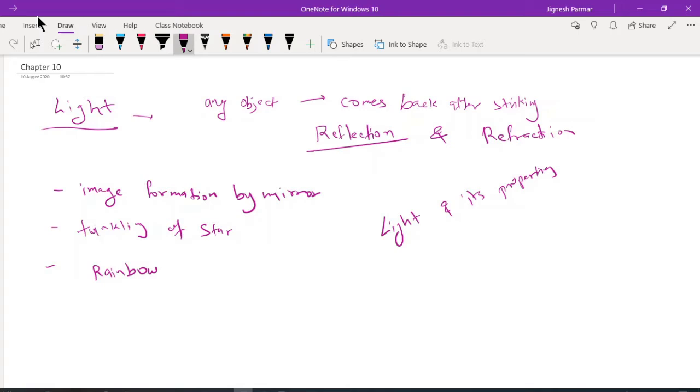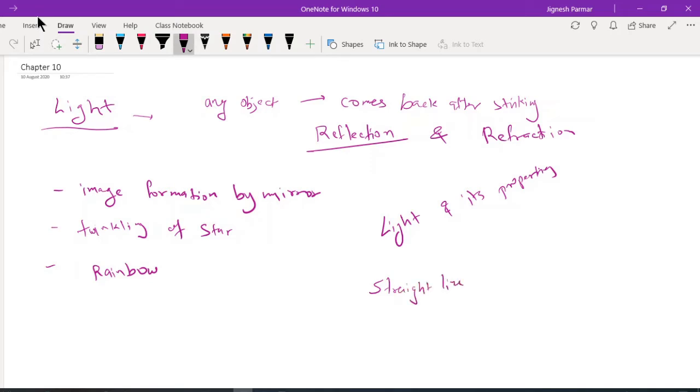And now keep any small object between them, let's say a small pin or a small bead. Then you see how it shows up. It gives you a kind of shadow. A shadow of a ball or an object can be seen on the wall. What does it say? Light has a property that it travels in a straight line.